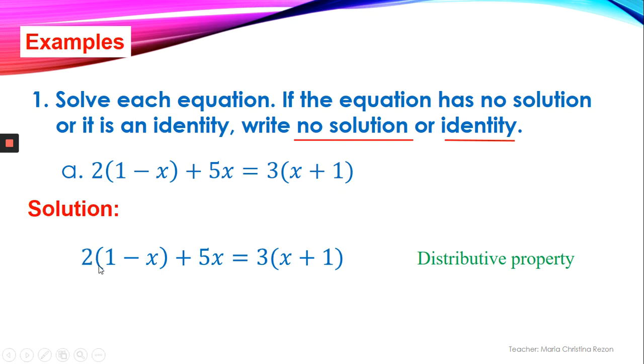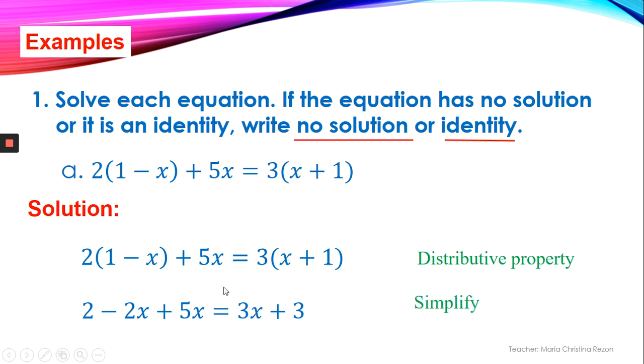We distribute 2 to the quantity of 1 minus x, and here we distribute 3 to the quantity of x plus 1. So the result would be 2 times 1 is equal to 2, 2 times negative x is negative 2x, then plus 5x is equal to 3 times x gives you 3x, 3 times 1 gives you 3.